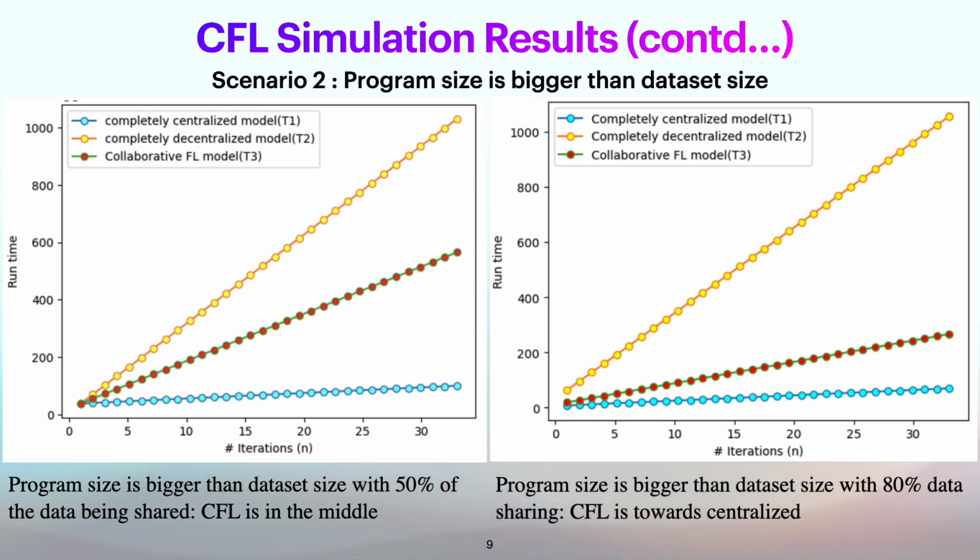Moving to the second case, if the program size is bigger than the data set size, then for 50% data sharing, CFL is still in the middle between the two cases. However, at 80%, CFL is more towards the centralized.